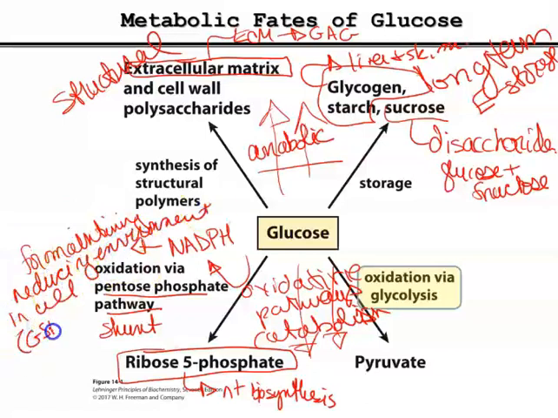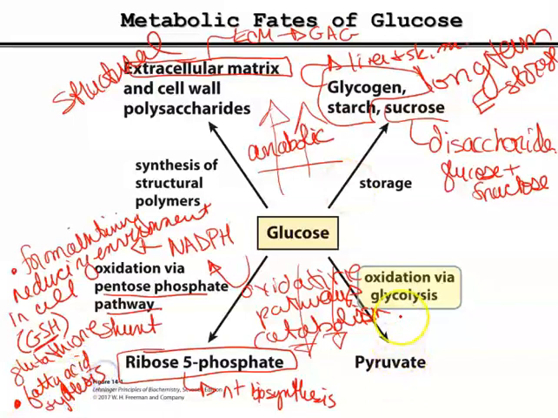Primarily, we need this NADPH to regenerate reduced glutathione, and we can also use NADPH for fatty acid synthesis. Okay, but our focus right now is going to be on glycolysis.